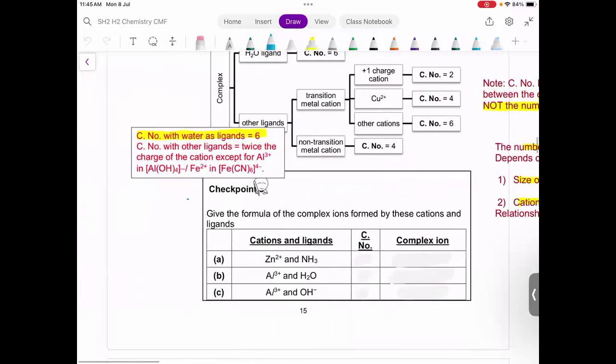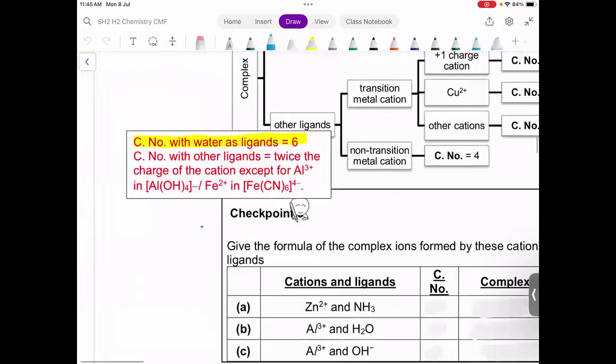Then I believe that when I went through the inorganic QA review, I emphasized to you that generally the number of ligands will be twice the charge of your cation. That's a general rule. But chemistry is always like that, there's always an exception.